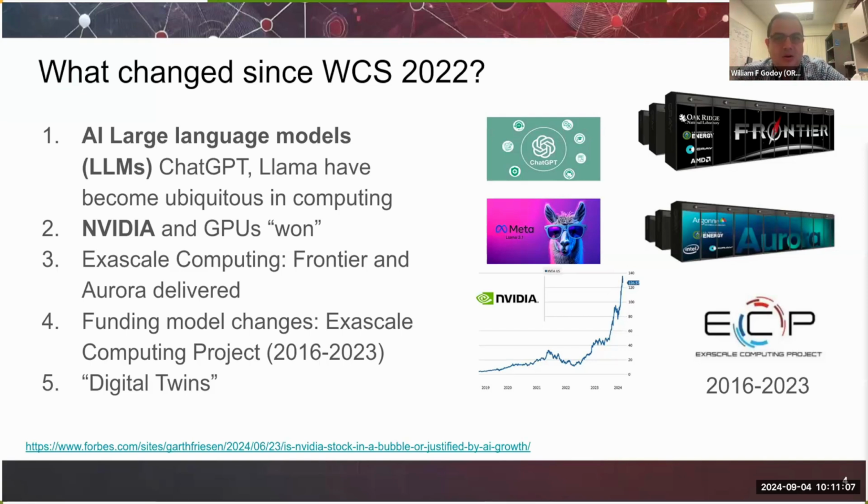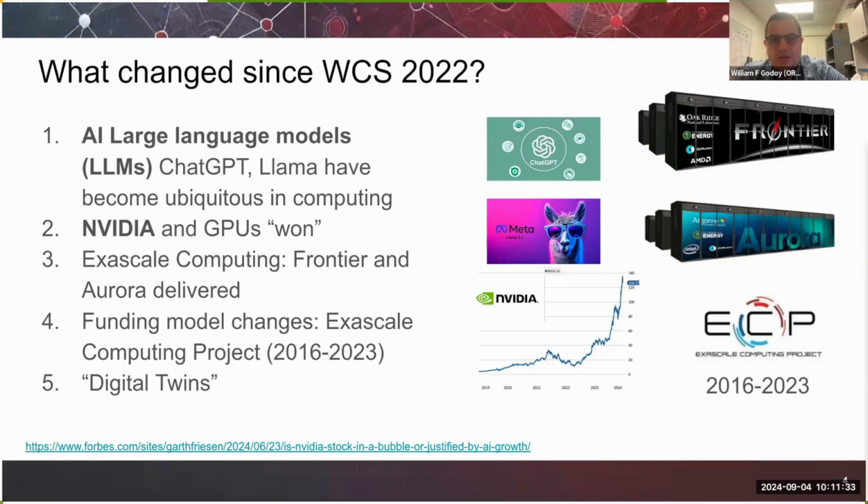That's essentially what has been driving computing, and also from the vendor side, NVIDIA essentially won this. We are relying on this type of hardware. I think DOE made the right decision to use GPUs to reach exascale, so we are continuing to see this trend now applied to AI.